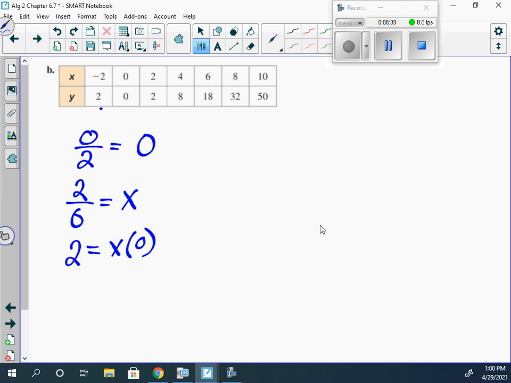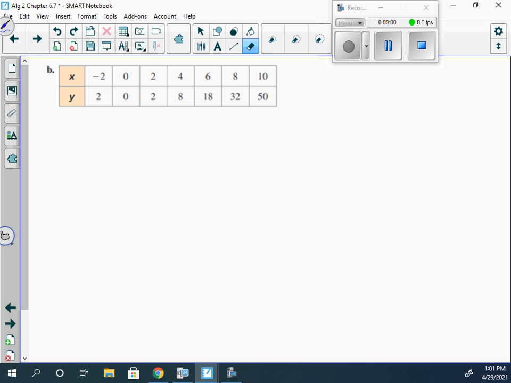No. So that's the main reason why we can't divide by 0. This is undefined. Because when we're dividing by 0, really you're saying what number times 0 equals something that's not 0. It just doesn't work. So this here does not have a common ratio, because if it did, all of those should be the exact same thing.